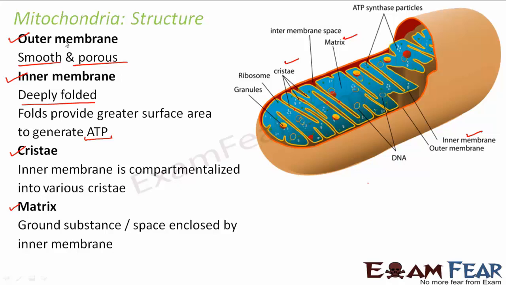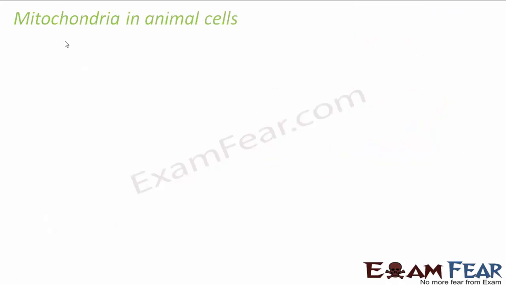Next is the inner membrane, which is deeply folded so that the folds give greater surface area to generate a greater number of ATP molecules. Because of these folds, compartments are created, and these are known as cristae. The area enclosed by the inner membrane is known as matrix. Right? Clear with the structure of mitochondria?